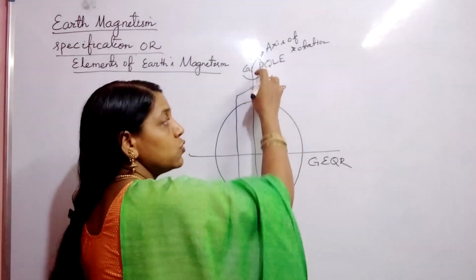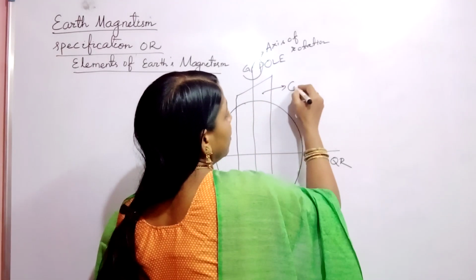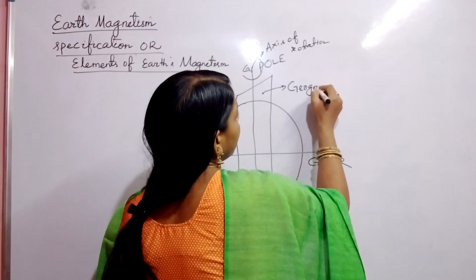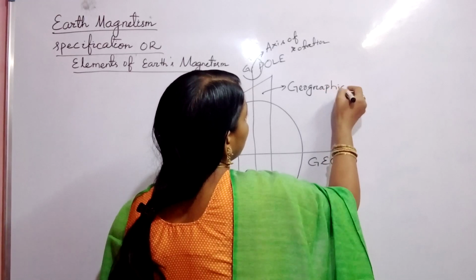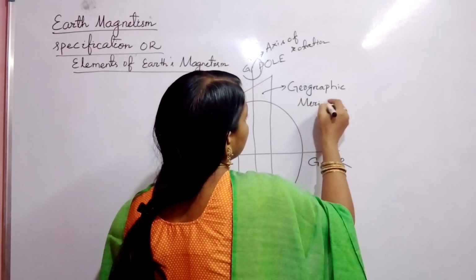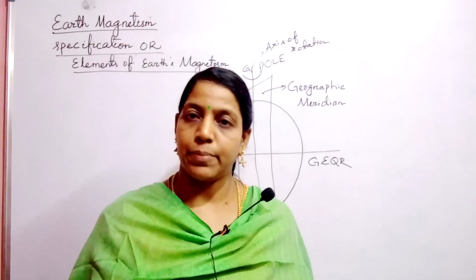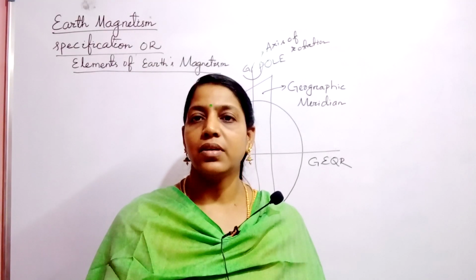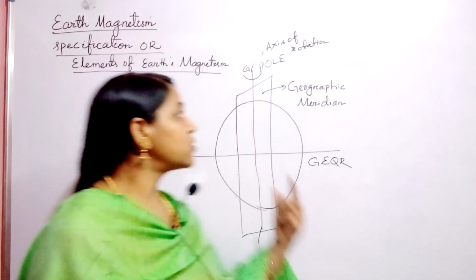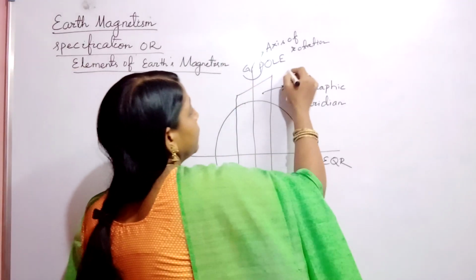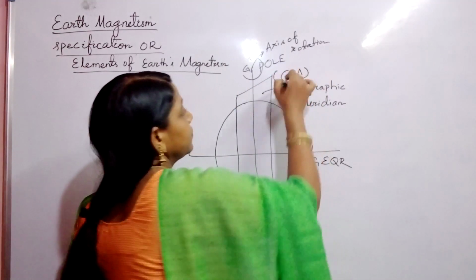Now it belongs to the geographic axis, so it is called geographic meridian. So what is a meridian? A meridian is a plane which passes through the axis. Here it is called geographic meridian GM.